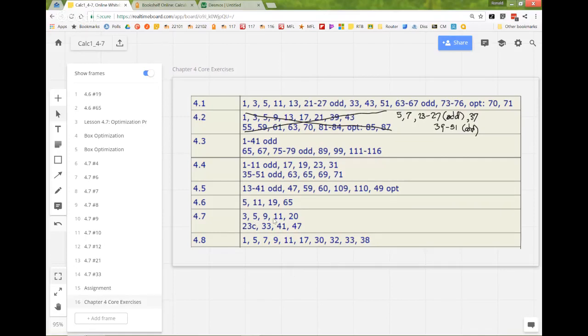Those are more like these beginning ones here. 3, 5, 9, 11, 20, and then 4 more. 23 part C. Is that the one we did? No, never mind. 23 part C, 33, 41, 47. So a total of, what is that? 1, 2, 3, 4, 5, 6, 7, 8, 9 problems for you to work on.